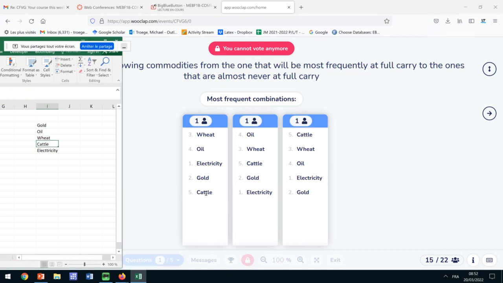But I think it's in this order. Wheat is a more cyclical commodity: you have the harvest time, a higher supply, and then the prices go down. That you don't have for oil. And wheat is a little bit more complicated to store than oil, and it loses value over time because the quality goes down. Oil, you can store forever. So that is for me the ranking.